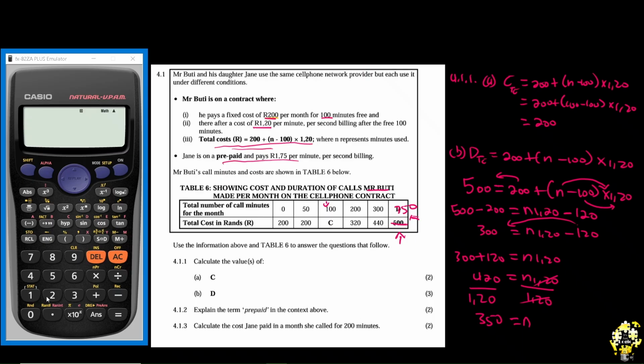We could use the formula that says 200 plus open brackets, the number of minutes, 350. We should get 500. If we don't, then whatever we did there, it's voodoo maths. And then multiply by 1.20. See? 500. Therefore, income and expense.